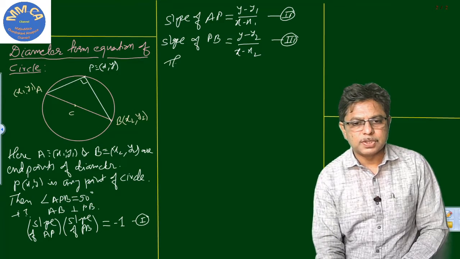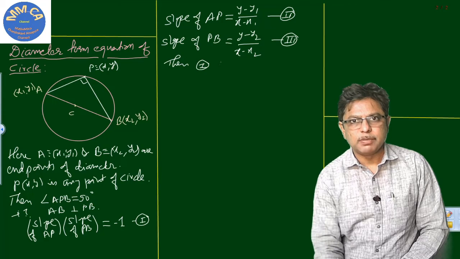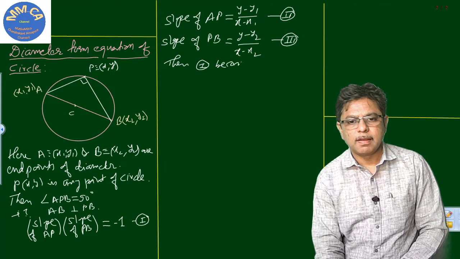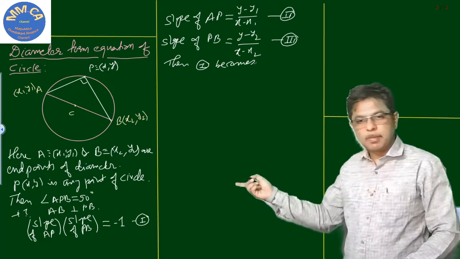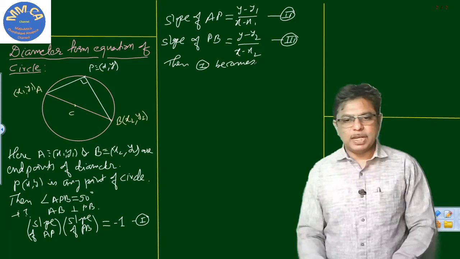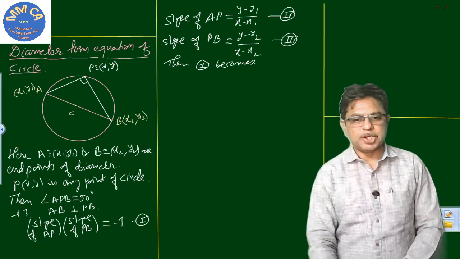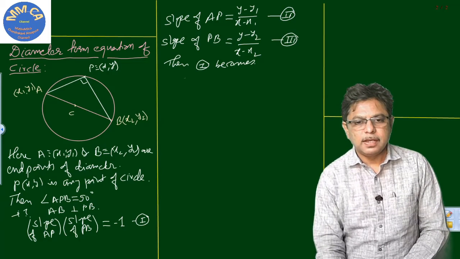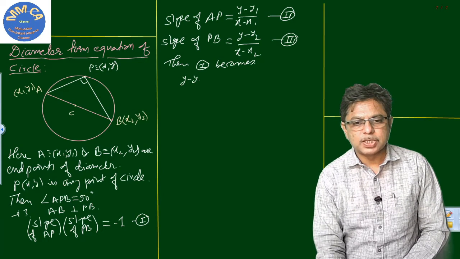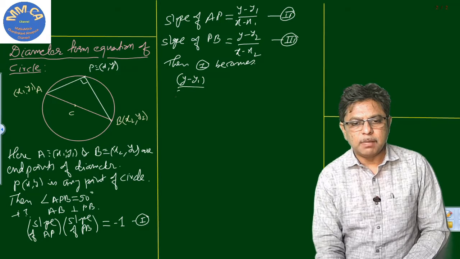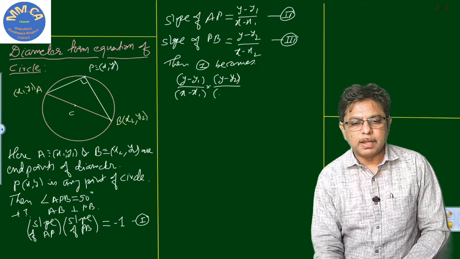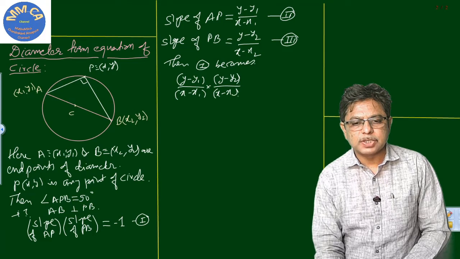Then equation 1 is the product of the slopes is equal to -1. So use these two values in equation 1. It is (y minus y1) divided by (x minus x1), into (y minus y2) divided by (x minus x2), is equal to -1.